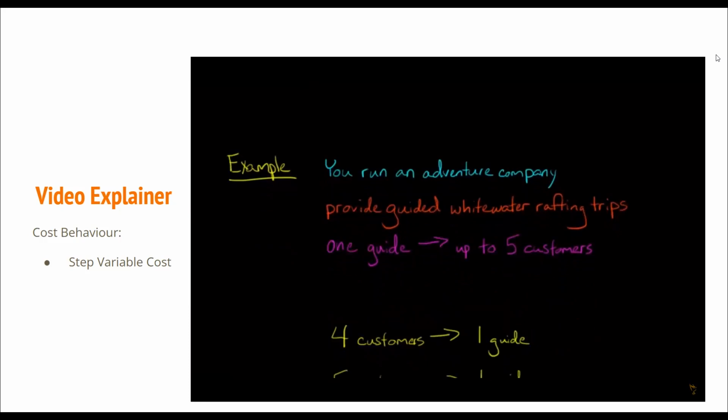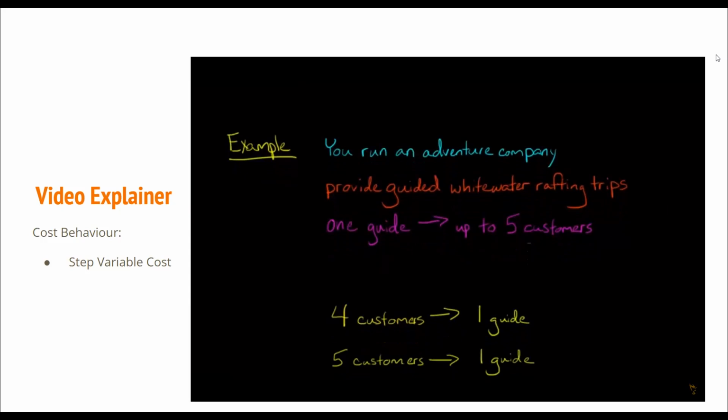So now, when we're thinking about how the costs would work, we think, okay, well, first let's look at the activity. Let's say we have 4 people sign up. We'll call them customers. So 4 customers sign up and say they want to do a whitewater rafting trip. Well, that means we hire one guide, right? Because one guide can handle up to 5 customers. Well, what if we get an additional person sign up? Let's say now we have a 5th customer, right? So now we have an additional customer signing up, right?